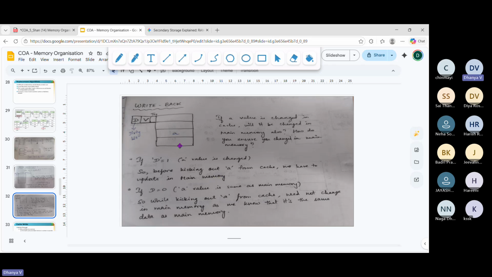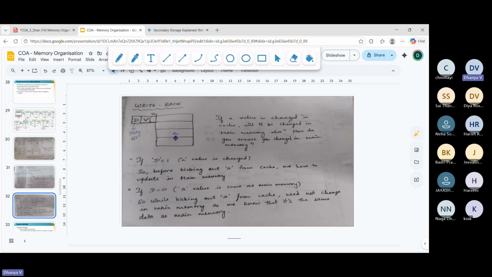Based on your replacement algorithms, you decide which one to kick out. Let's say you're kicking out A, which has been changed some time back. At that time you will check: let me check if the dirty bit is 0 or 1. If it is 1, that means A has been changed, so I need to change it back in my main memory also before kicking out.